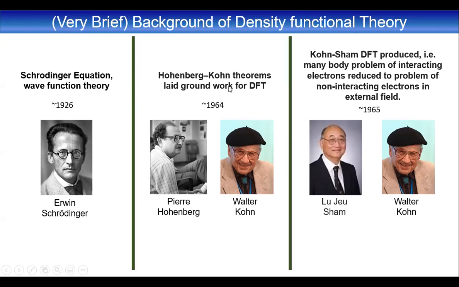Then the Hohenberg-Kohn theorems, which were developed in 1964, were what really laid the groundwork for DFT. And then the Kohn-Sham equations are what allowed DFT to be used as a computational tool and allowed for different functionals to be produced and allowed for a final computational method.